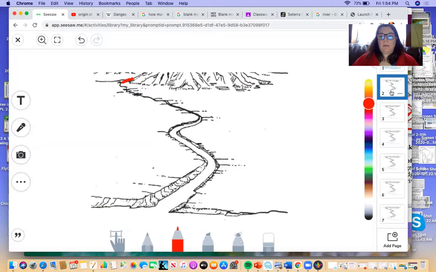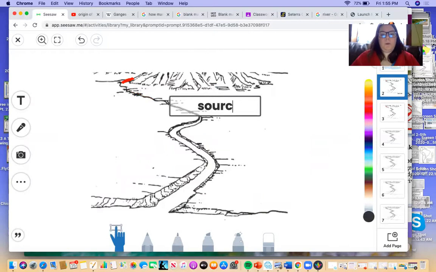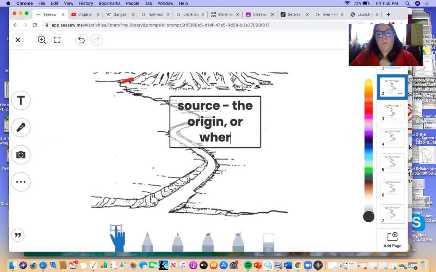And the next part that we're going to talk about is the upper part. So the upper part is just this part of the river that's closest to the source. So I forgot to say, the source is the origin or where the river begins.